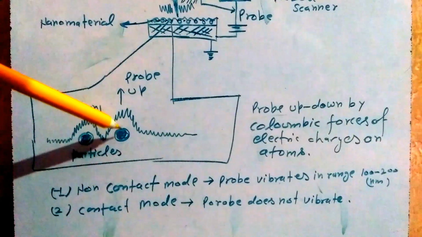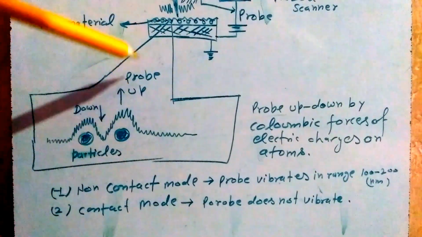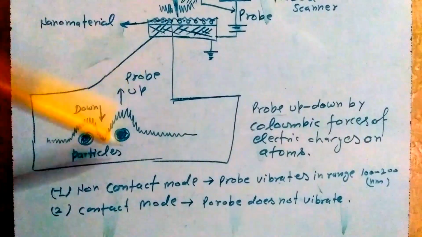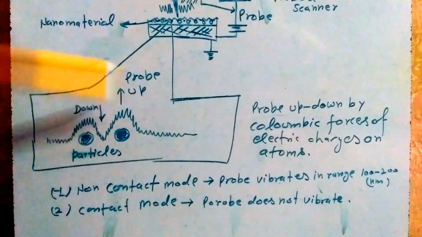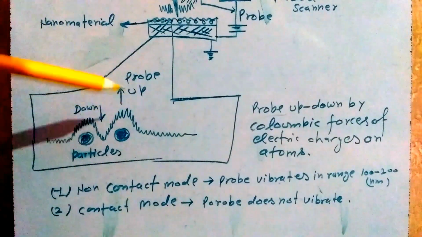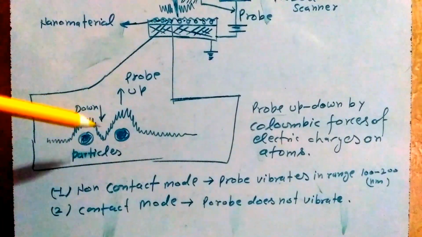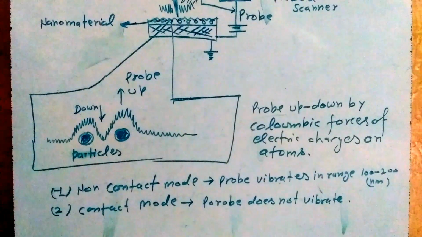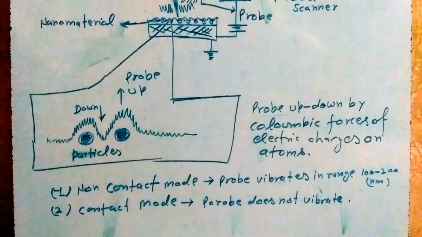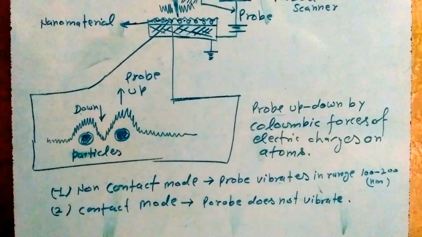When another atom comes, the probe moves up. So the up and down oscillations are seen in the recording graph of the topography. And this graph is actually a signature of the surface of the nanomaterial, showing the atomic packing and the structure of the nanomaterial.